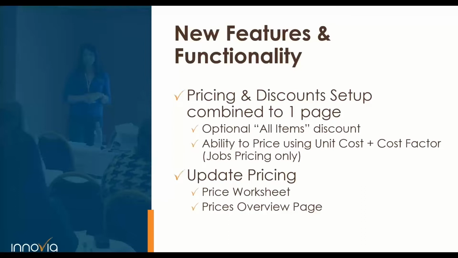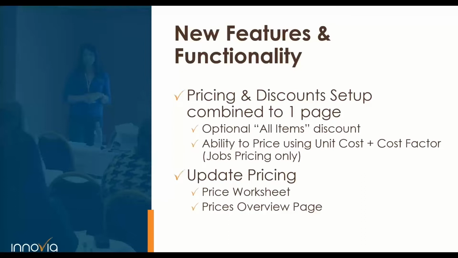One is an all items discount. That wasn't really possible in existing NAV and Business Central on the sales line discounts page, unless you set up every single item with a 5% discount. Now in the new sales price list, we'll show you it's real simple to set up an all items discount for a specific percentage.